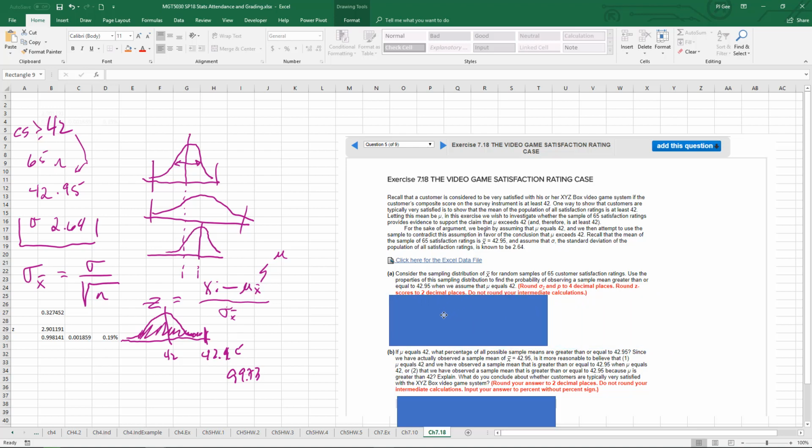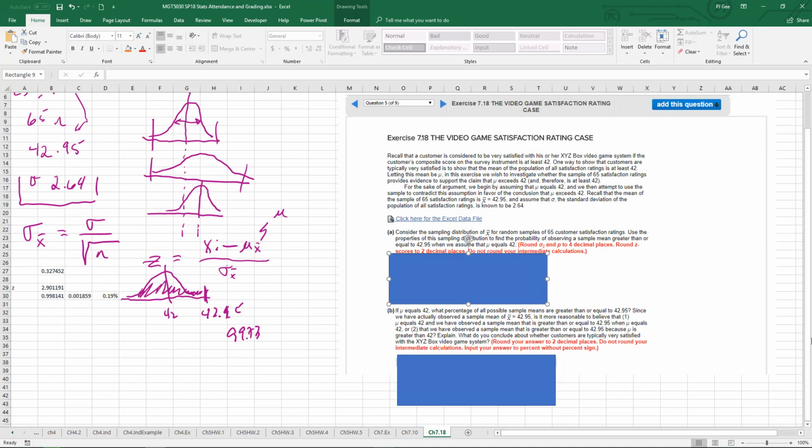So the second part of this question: if mu is equal to 42, what percentage of all possible sample means are greater than or equal to 42.95? We already answered that.